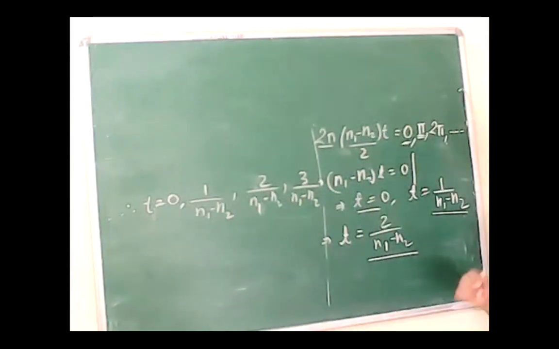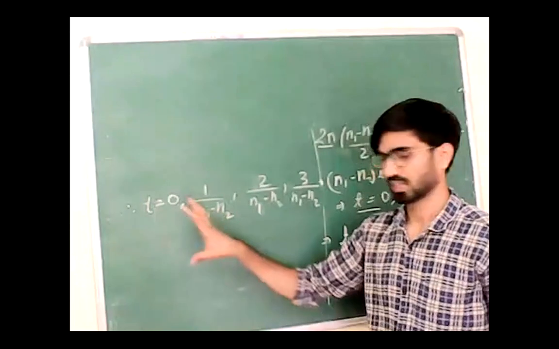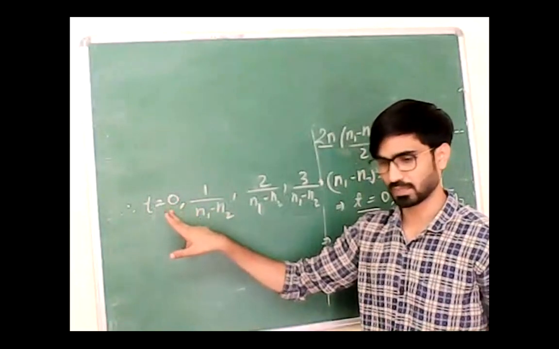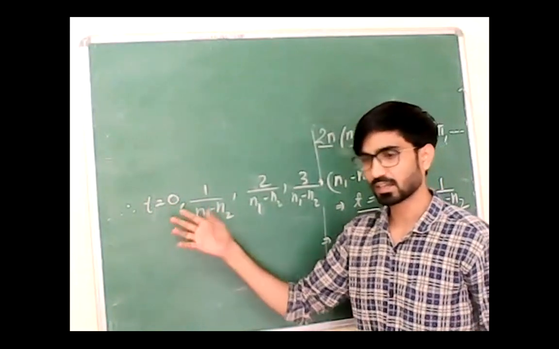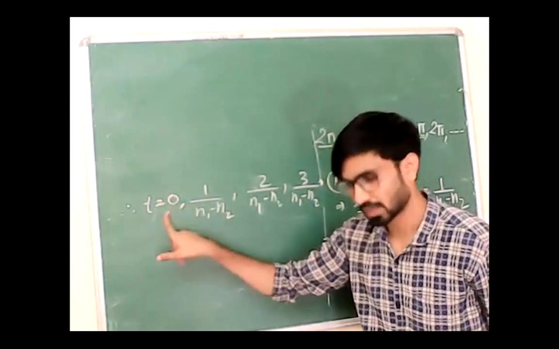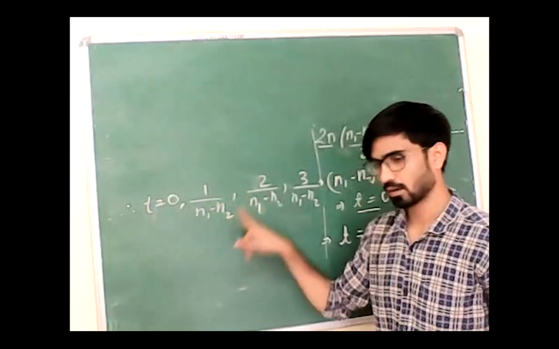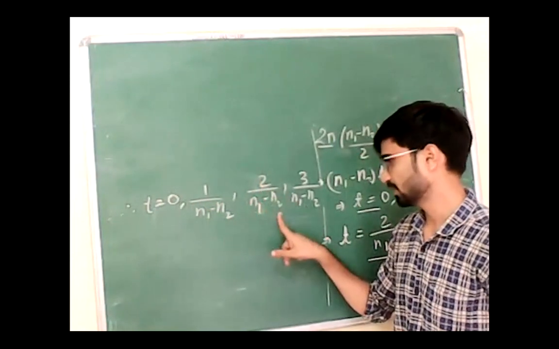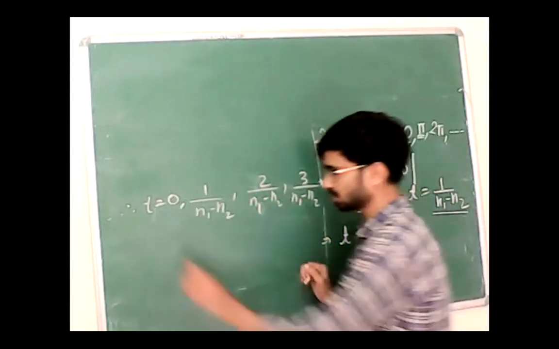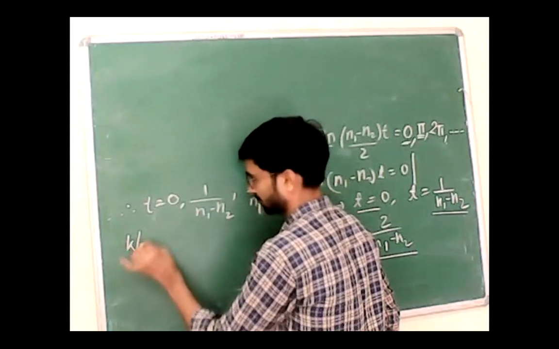Okay, so at these time periods we get maximum amplitude, which means we get waxing condition. So when our time period is 0, 1 upon n1 minus n2, and 2 divided by n1 minus n2, at these conditions we get waxing.